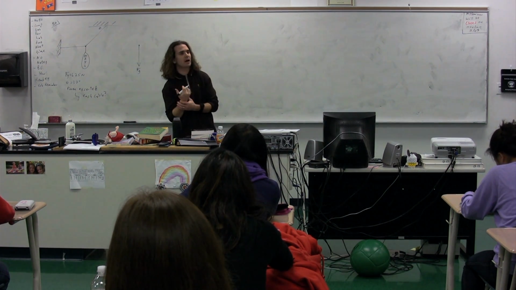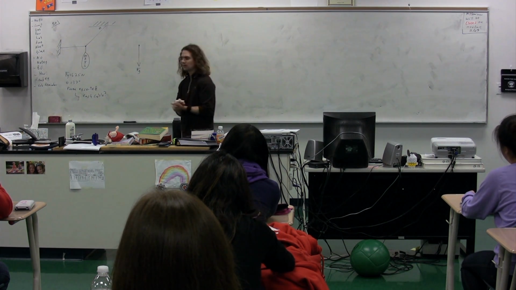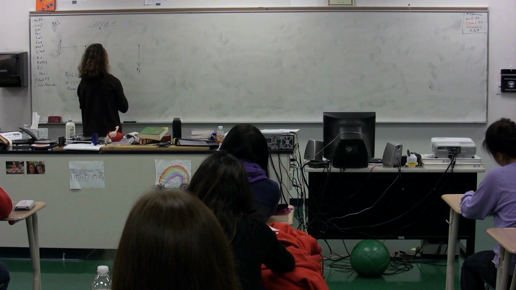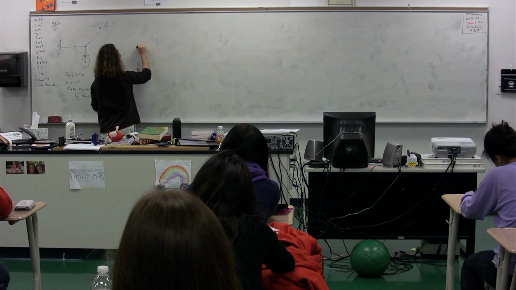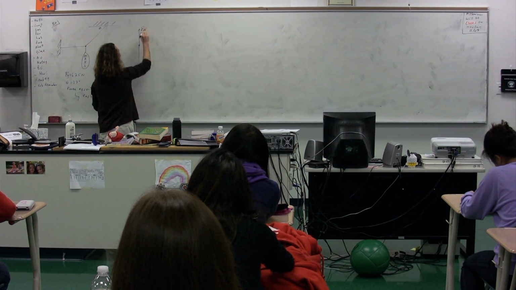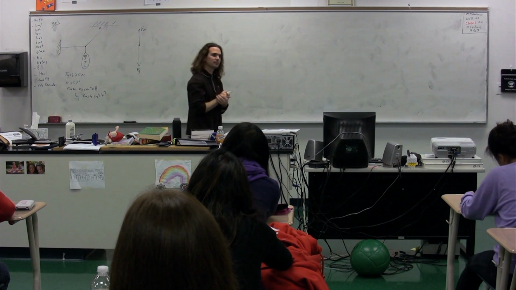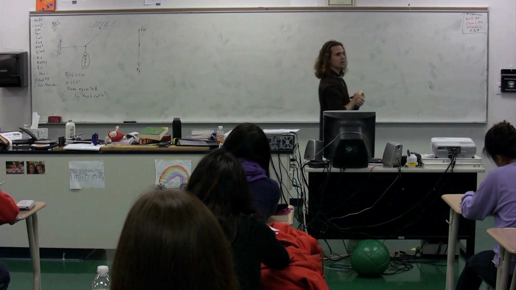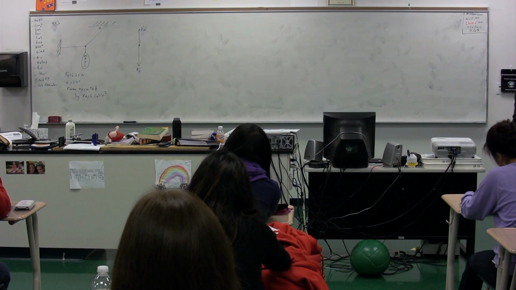Give me another force in our free body diagram, please. Connor? Force normal, which is up. Force normal, by definition, what is the direction of the force normal, Connor? Perpendicular to the surface. And it's always a push. Perpendicular to the surface and always a push.